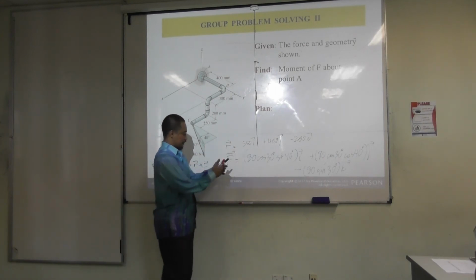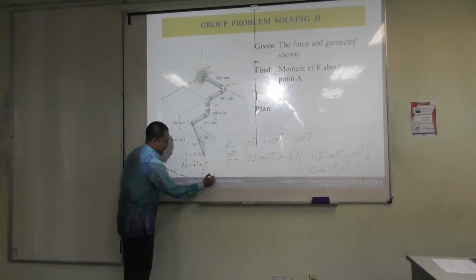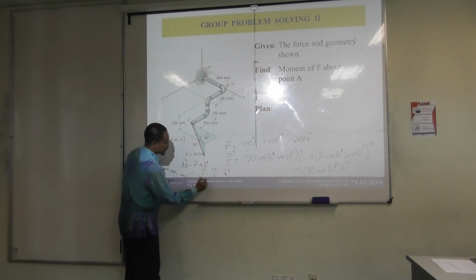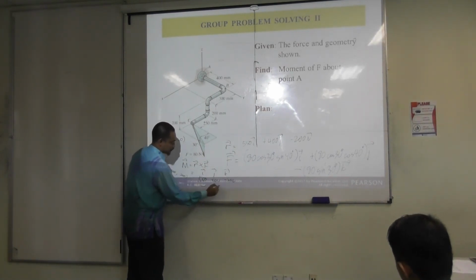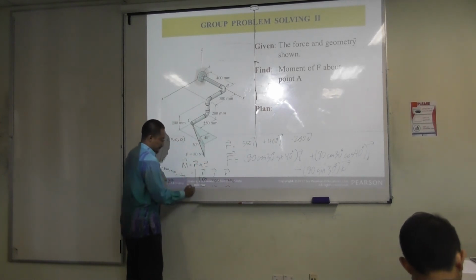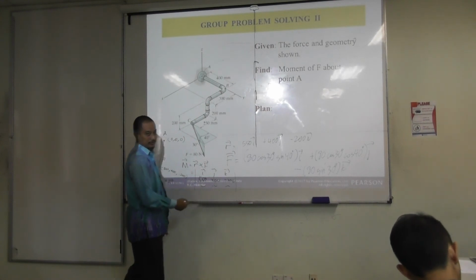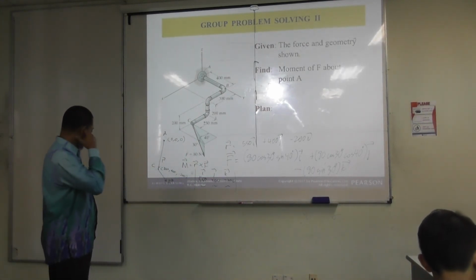Once you get this one, you just plug into this one, right? So it becomes i, j, k, 550, 400, minus 100, and whatever value there, right? And then it's straight away just calculate.